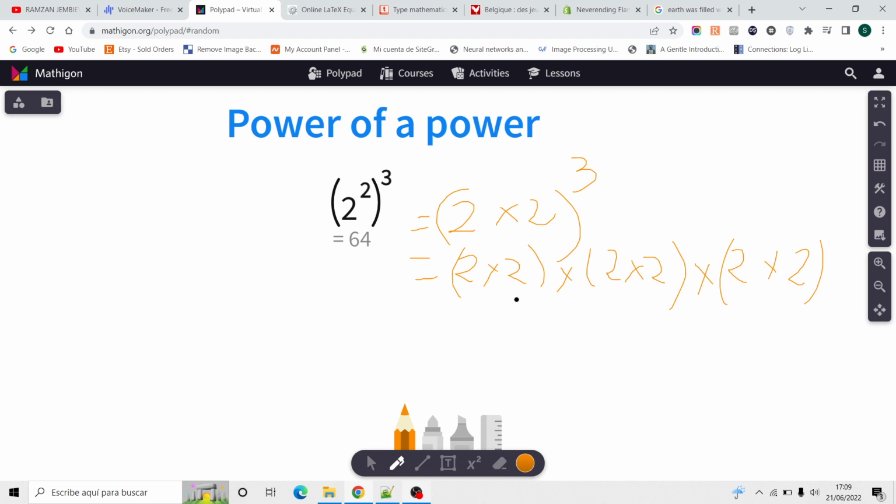So because you remember that in my last video I said that when you have a to the exponent b, it equals a times a times a, b times.